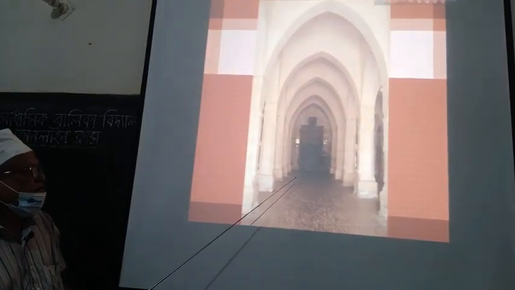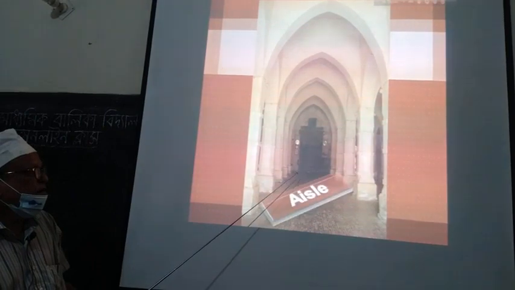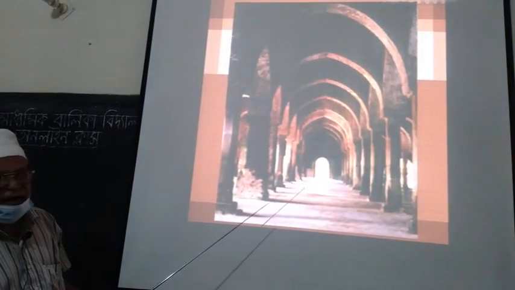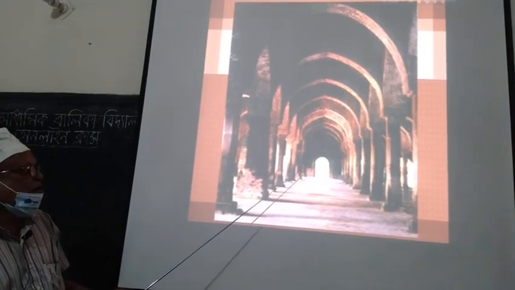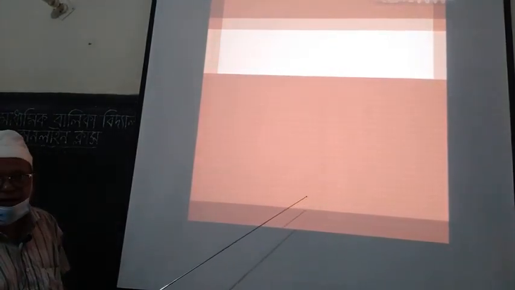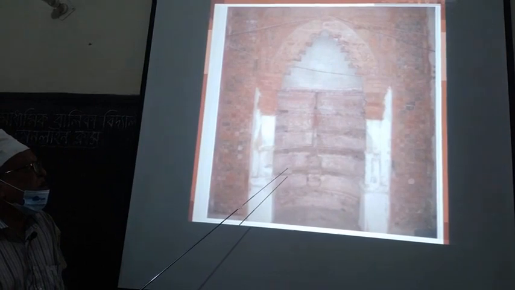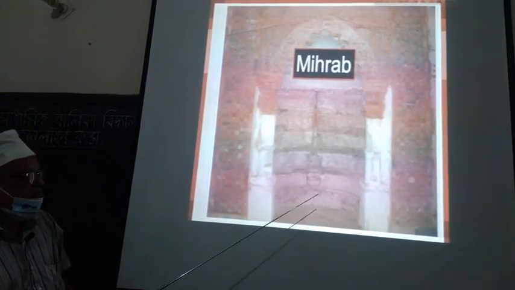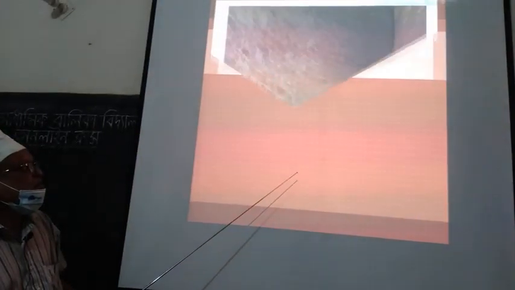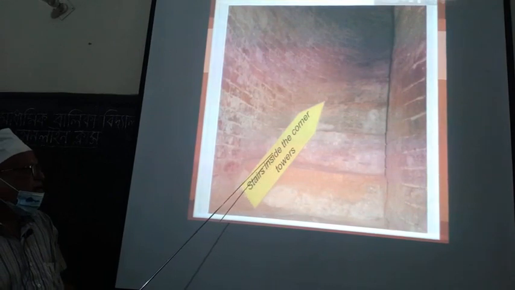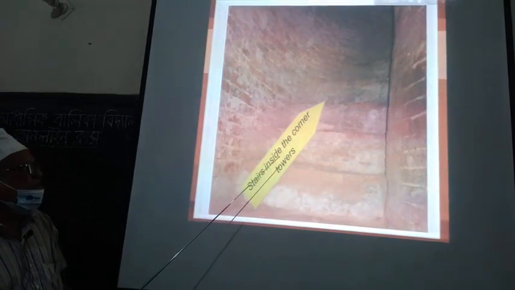Next time, another and the main corridor of this mosque from the middle, which is connected from the main road. Mihrab. Stairs inside the corner towers.